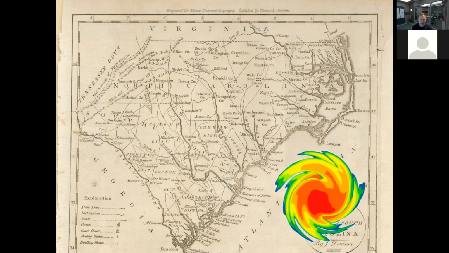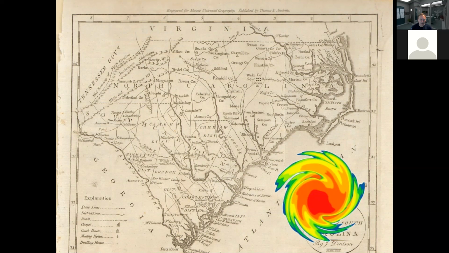It's a series of islands that lie off the coast of North Carolina. Cape Hatteras, and Hatteras Island, is one of the more common of those islands. So this picture is actually from 1846. In 1846, a hurricane approached the state of North Carolina, and the state of South Carolina for that matter.